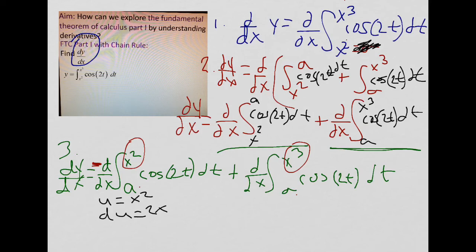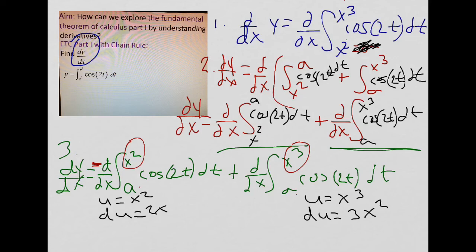In this case, you can use another u, or you can use the letter v to make sure they're separated. I'm just going to stick to u because I feel like it's very clear as to where it's going for each. So the derivative of x cubed is 3x squared.